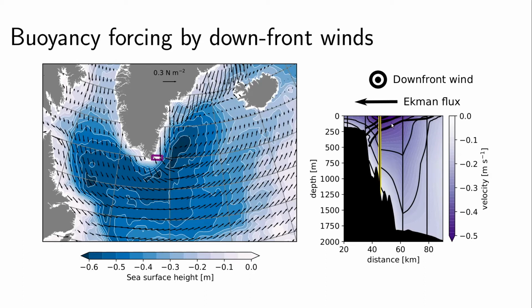I'm showing some density contours in the thick black lines. And when winds blow down this front, you have an Ekman flux that's onshore. So that brings the denser water that's offshore on top of lighter water onshore. And that can trigger this sort of slantwise convection in response to this forcing.